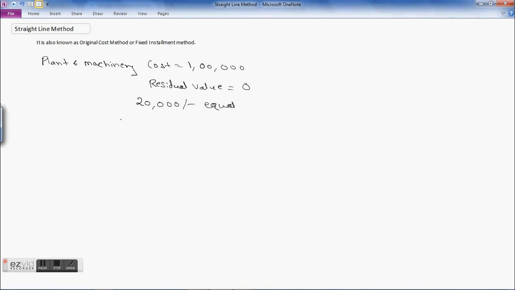So see here, at year 1, cost is 1 lakh minus depreciation of year 1, which is 20,000. So this is known as the written down value: cost minus depreciation.